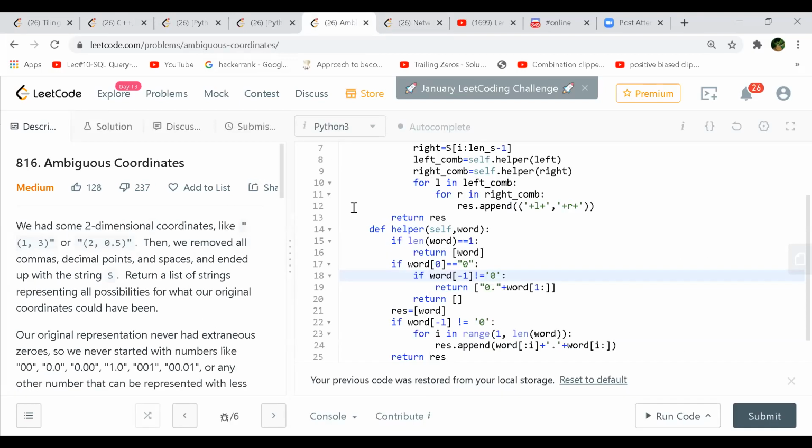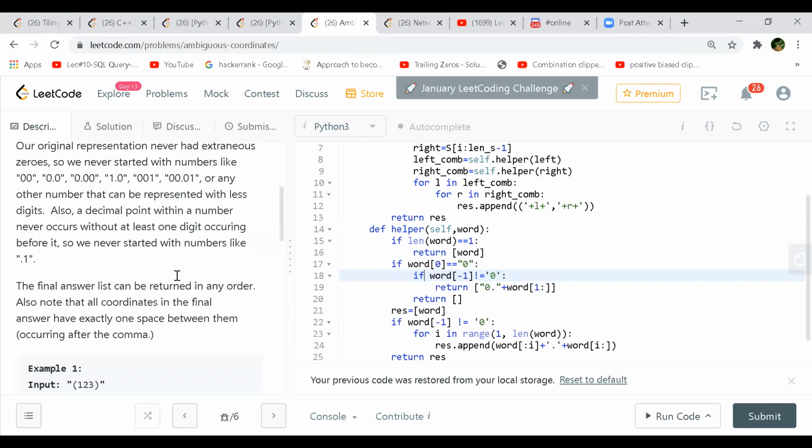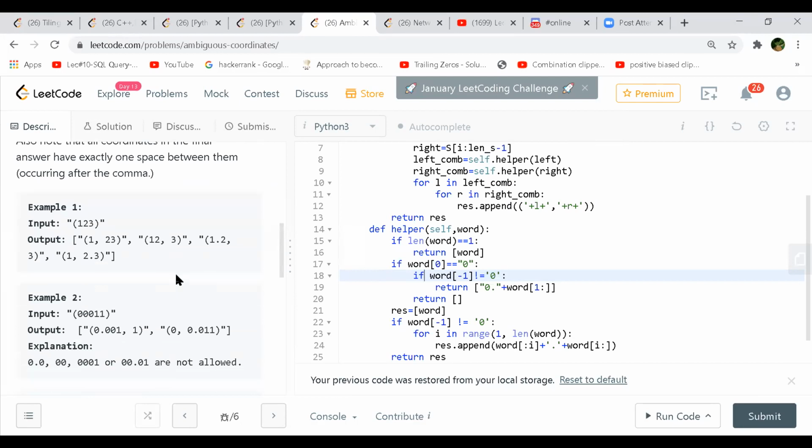What will we do if the last character is 0? Assume 33330. How will we proceed for that?